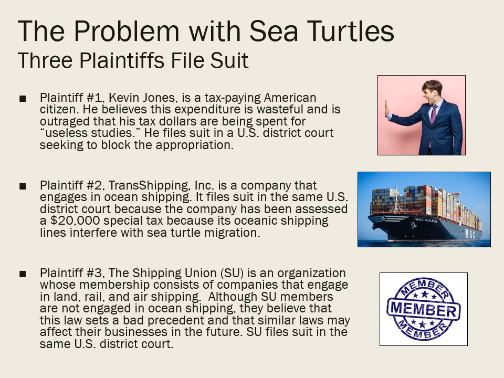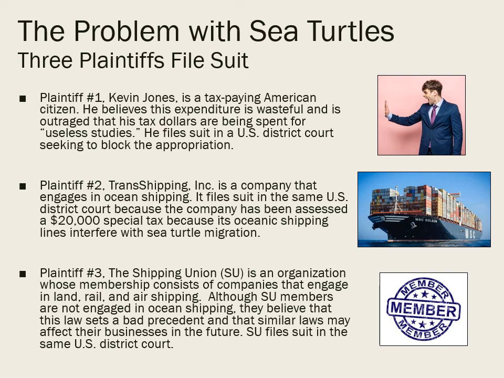They are a company that engages in ocean shipping. And so Transshipping files suit in that same district court that Kevin Jones did after it was assessed a $20,000 special tax because its oceanic shipping lines interfere with sea turtle migration. And then third, we have the Shipping Union, a membership organization whose members are companies that engage in land, rail, and air shipping.